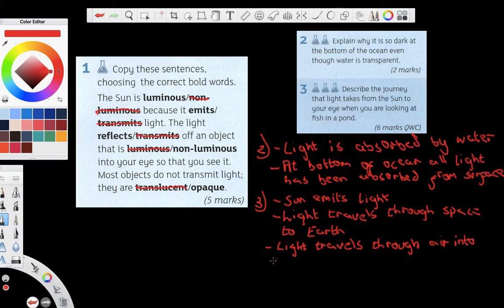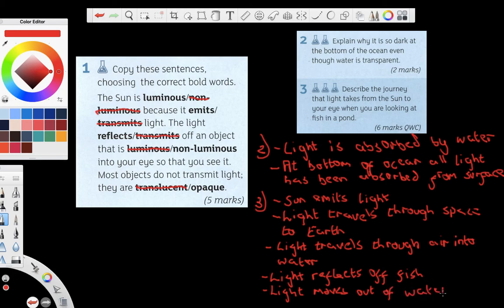For your 4th mark, you could have then said that the light reflects off the fish, and then moves out of the water into your eye. So the light moves out of the water.